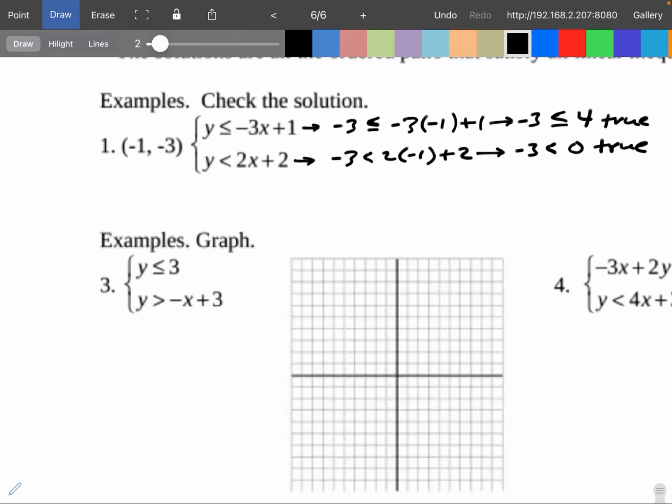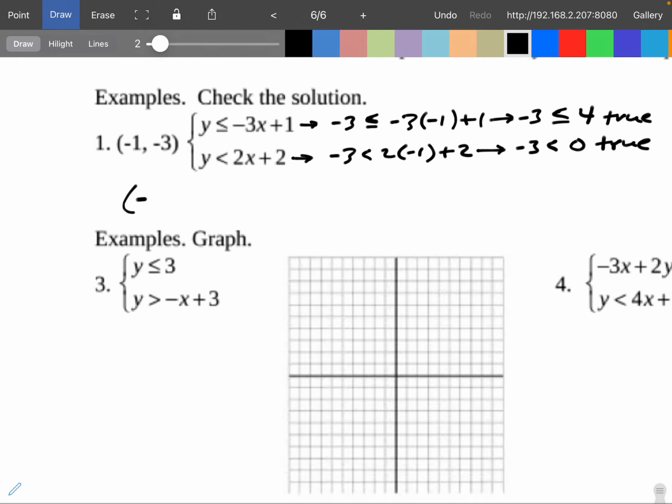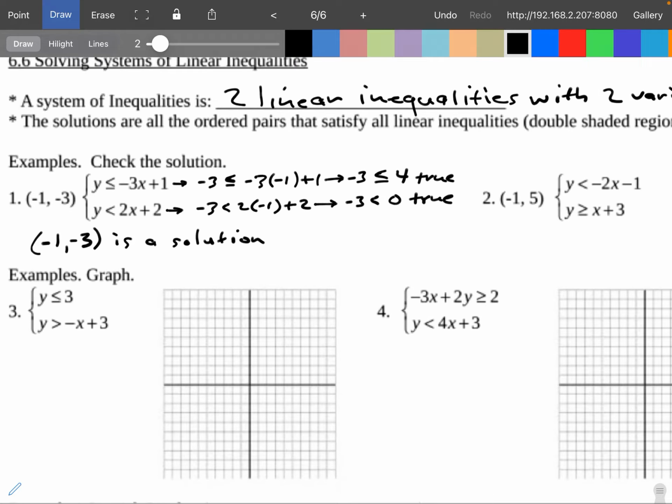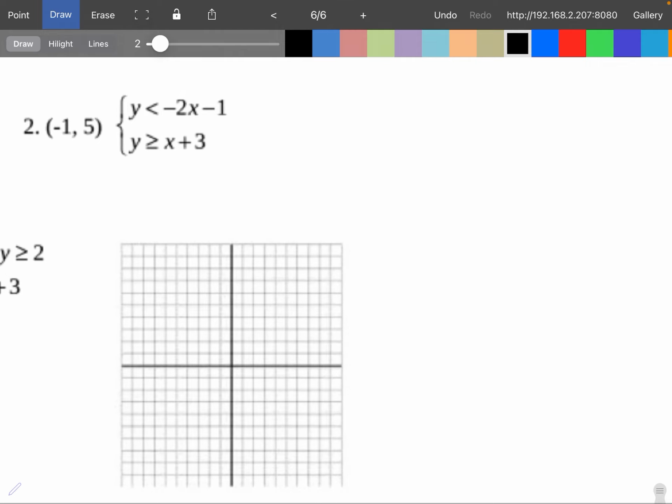So then, what about those two? Are they both true or are they both false? Is one of them false? Yeah, they're both true. The top one is true. -3 is less than 4. And then the bottom one is also true. -3 is less than 0. So these are both true.